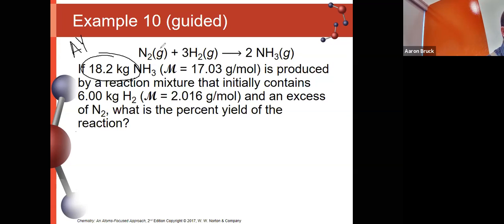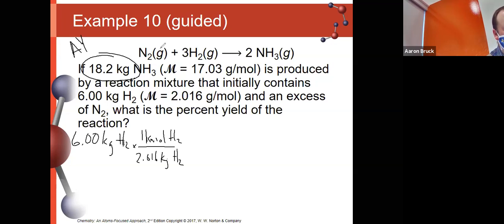For the stoichiometry, I start with my 6 kilograms of hydrogen. I know that there are 2.016 kilograms of hydrogen in every 1 kilomole of hydrogen.